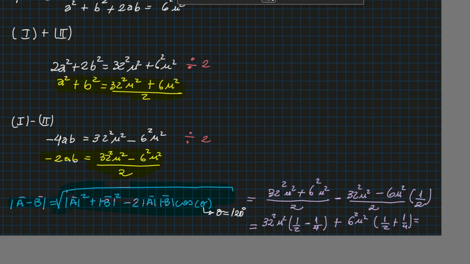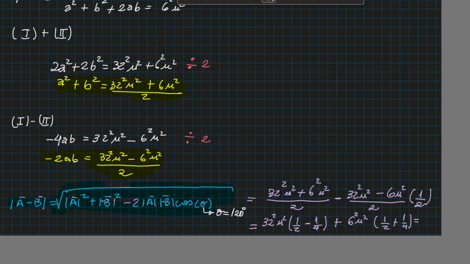So let's see, I'll open my calculator. So 32 squared is 1024, and 6 squared is obviously 36.